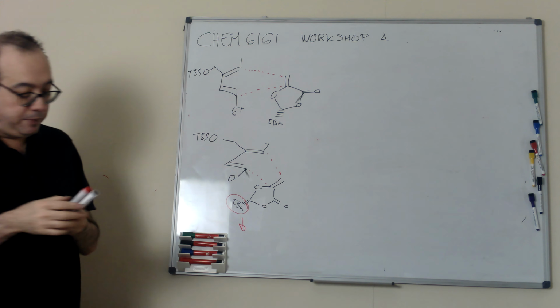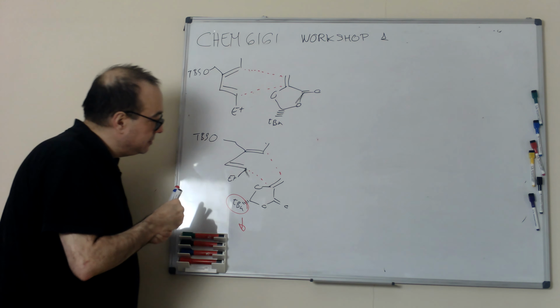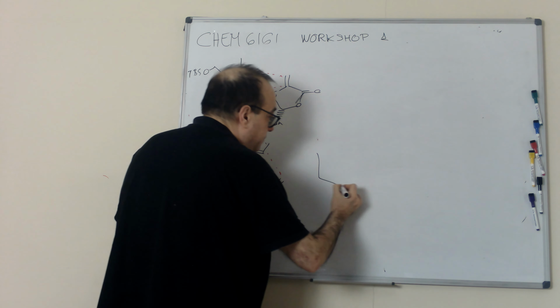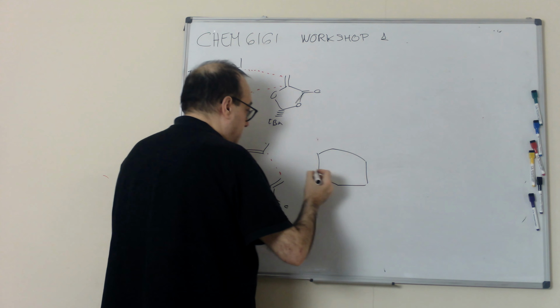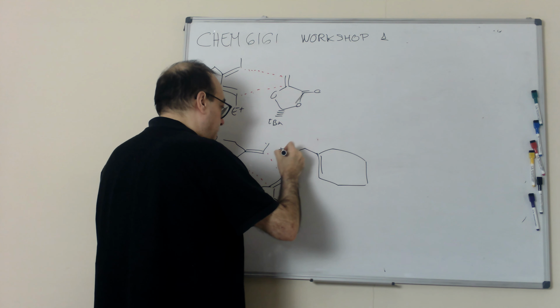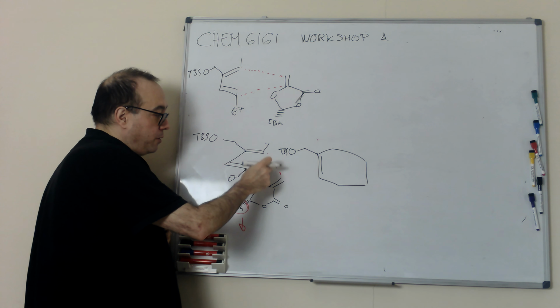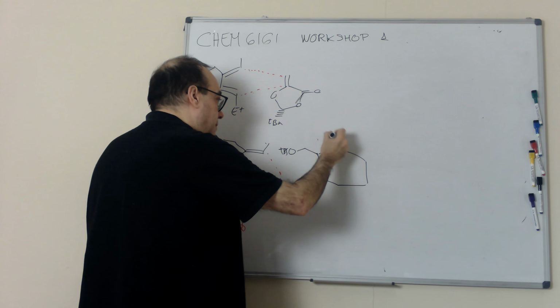If it's taken by the bottom face, then the only thing we need to do is to draw the final product. Okay, I put the substituent that doesn't have any kind of center, that is this, and then this metal, if we are forming this bond, this metal is going inside.